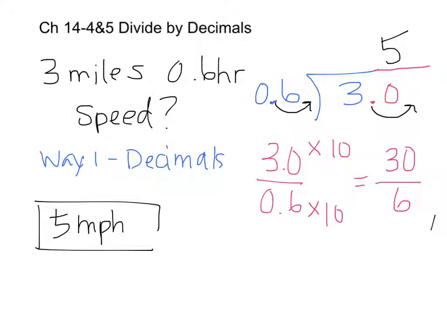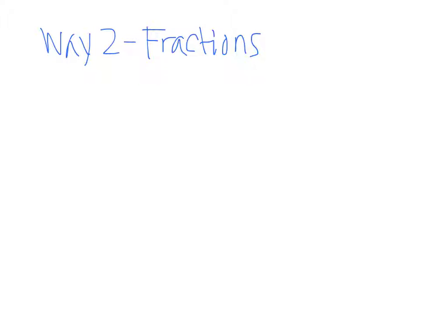Now, if you were going to do this the fraction way, let me show you guys that before I come back to this. So way 2 is using fractions. And if you prefer doing it this way, do it that way. If you prefer decimal, do it that way. So you're going to write both numbers as fractions. 3 is 3 over 1.